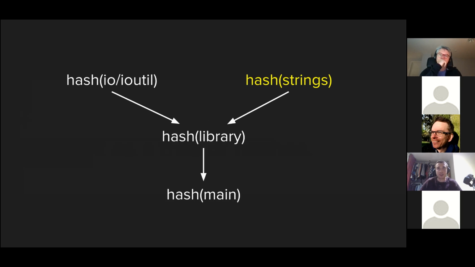So essentially what the hashes do is that they flow: the hash of strings is an input to the hash of the library, so all the hashes downstream also change. So then the Go command has a very easy way to tell, oh, I need to rebuild these 3 packages, but I don't need to rebuild IOUtil because its hash is not affected.